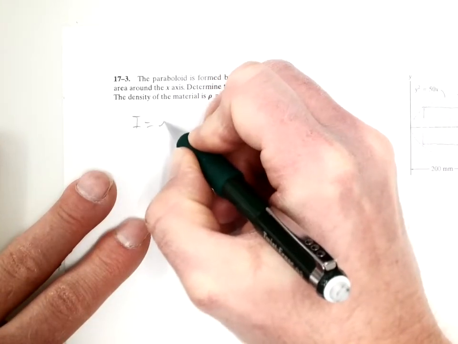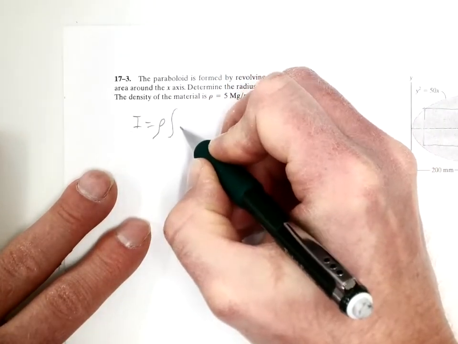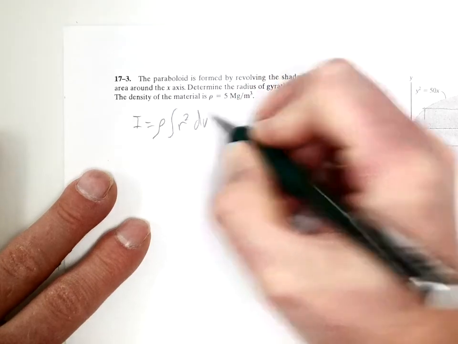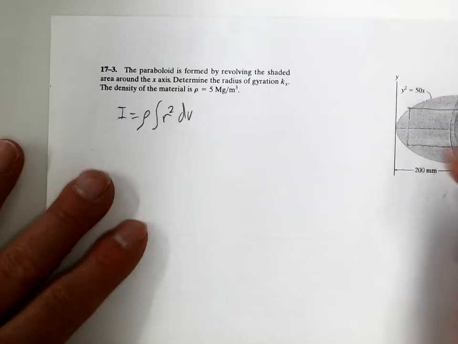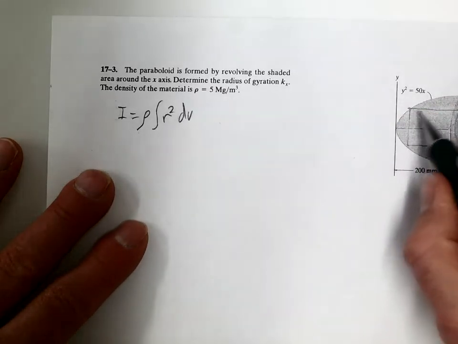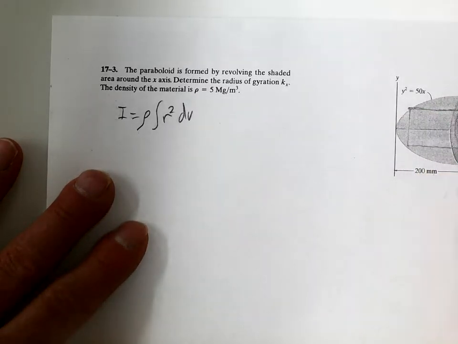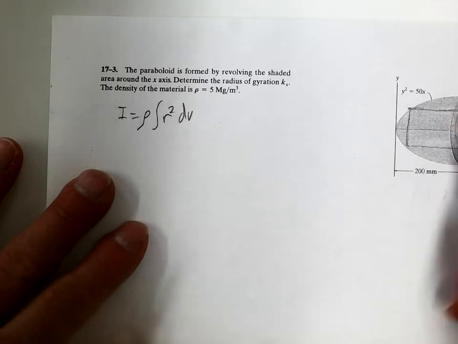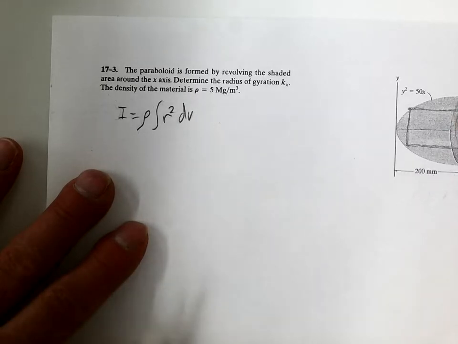So we want to solve the equation I equals rho, since it's constant, we can leave it out, R squared dV. Now that R, we're going to do a dV, which is a cylinder revolving around the x-axis, because we want it to be equidistant from the x-axis.